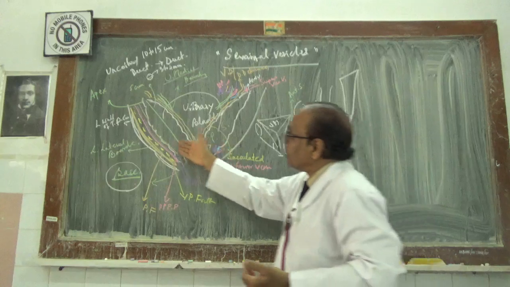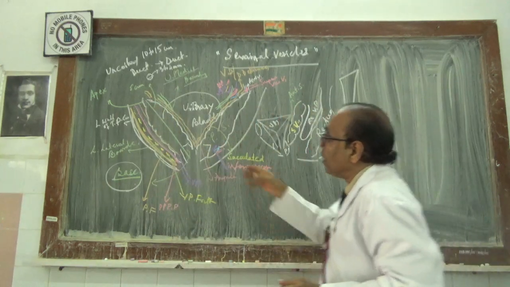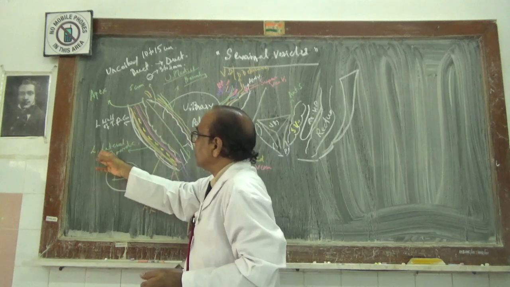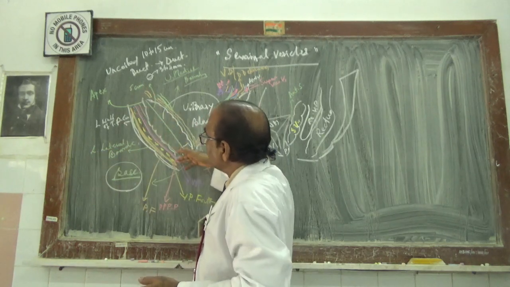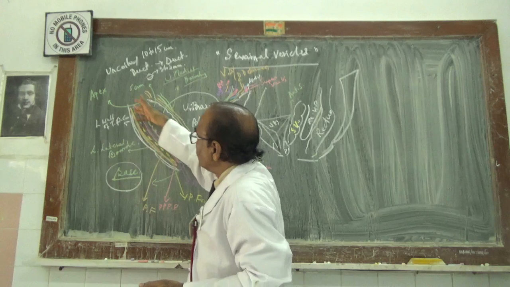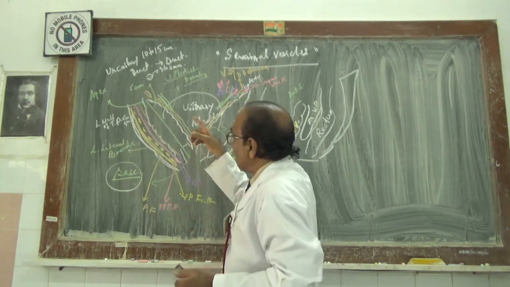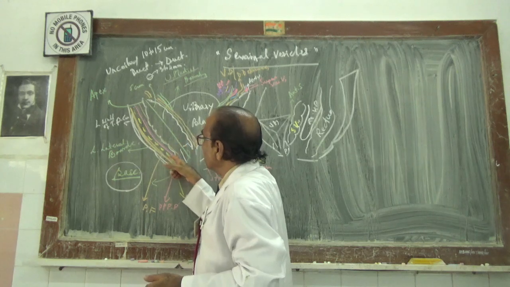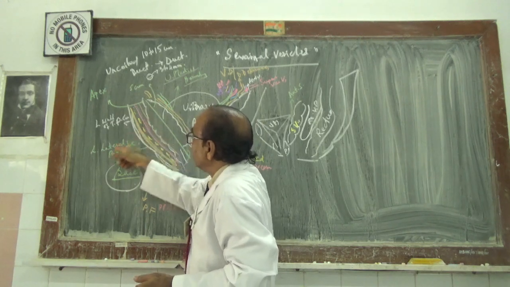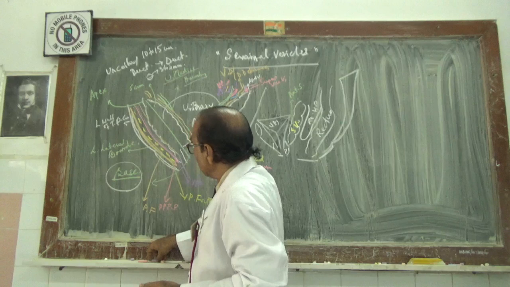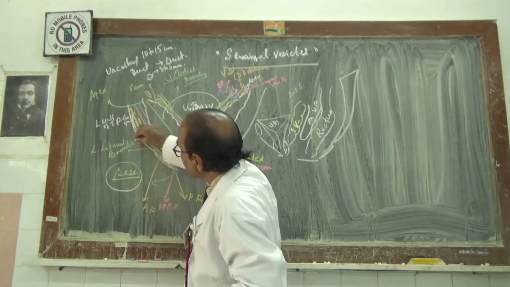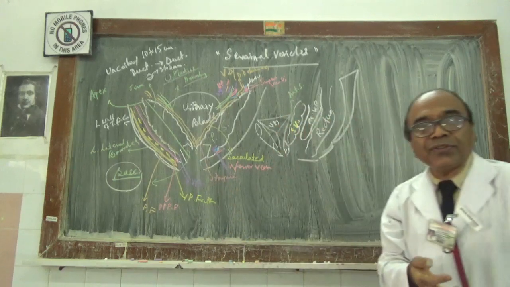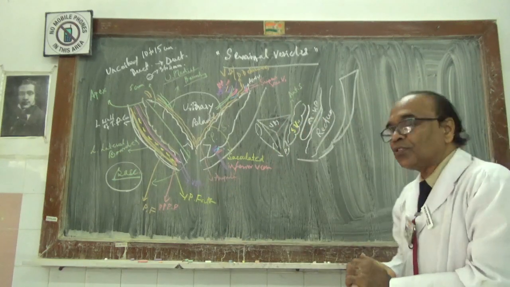So this is the lower lateral border. Now either the upper medial border or the lower lateral border, they are separating the posterior surface from the anterior surface of the seminal vesicle.